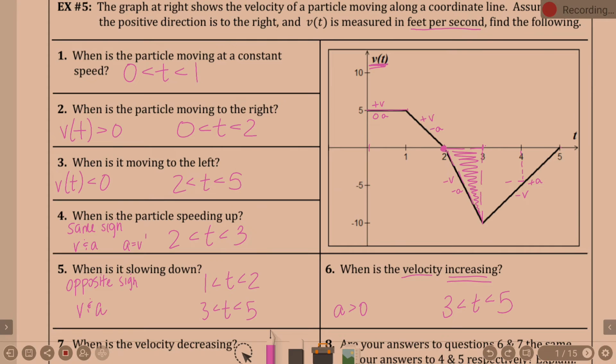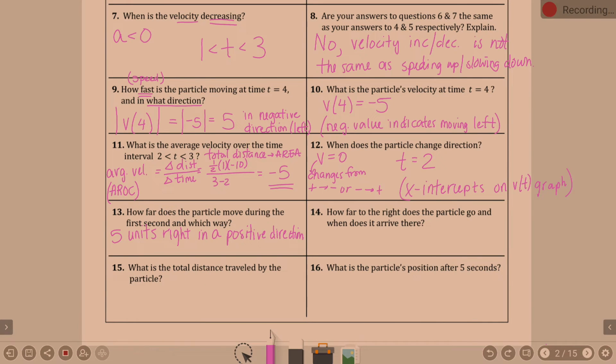Whether you see a trapezoid and you remember the area of a trapezoid, or whether you say, I have no idea how to find the area of a trapezoid, so I'm going to do a square and a triangle. Pick your poison, right? For me, I honestly might do a trapezoid, but I'm not going to for you guys.